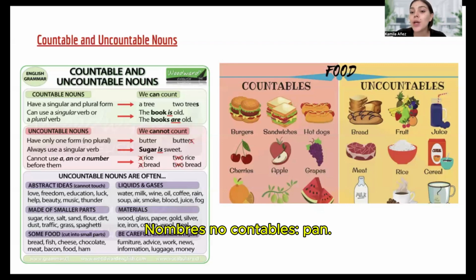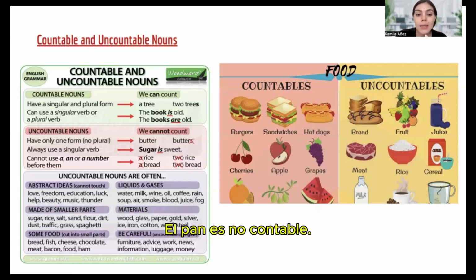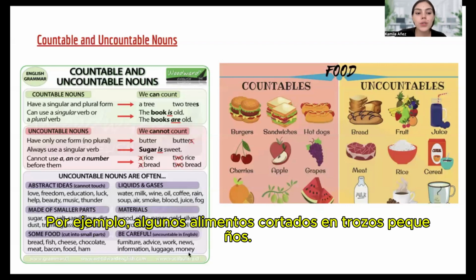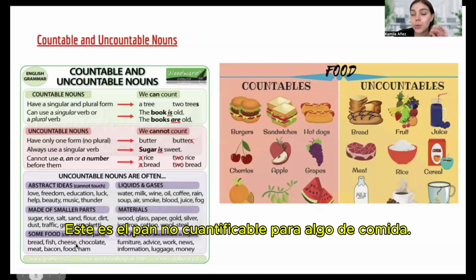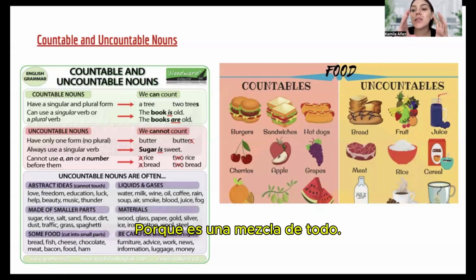Uncountable noun. Bread. We cannot use bread as a countable. Bread is uncountable. For example, some food cut into small parts. Fruit. We cannot say fruits. Why? Because it's a mix of everything.